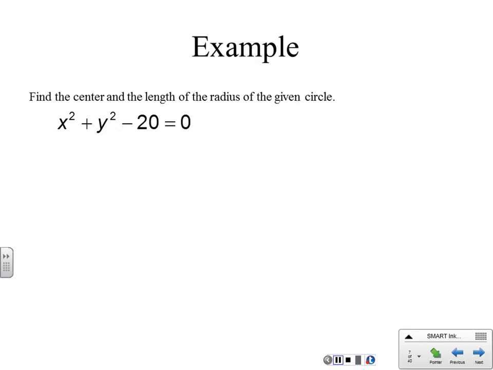Okay? Well, if you see an equation that has two squared terms, the x squared and the y squared, and the coefficients of those squared terms are the same, are identical, it's going to be a circle.